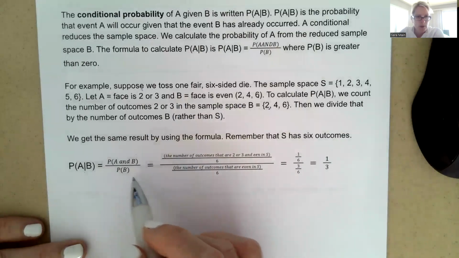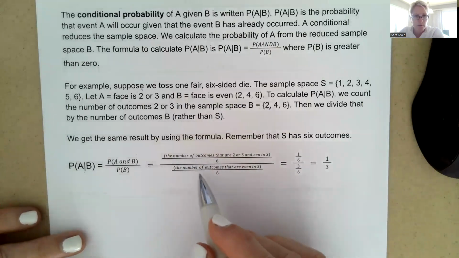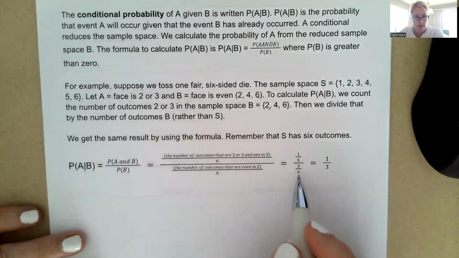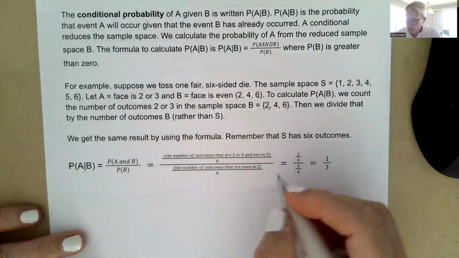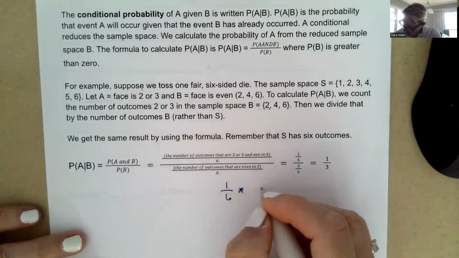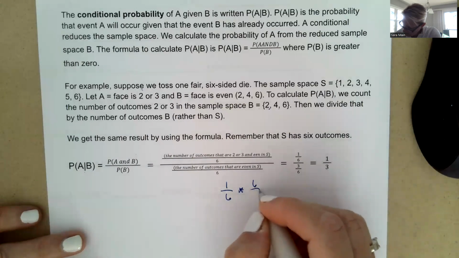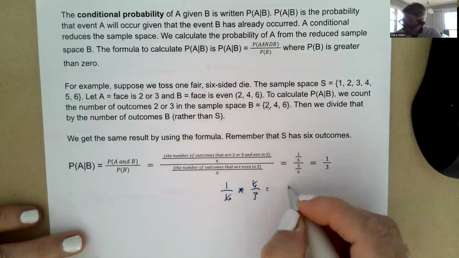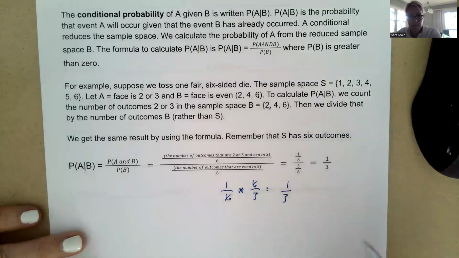Divided by the probability of B. The probability of B is the number of outcomes that are even in S, which would be 3 out of 6. So remember that when you divide a fraction, 1/6 is multiplied by the reciprocal of the bottom fraction. So the 6's cancel and you end up with 1/3.